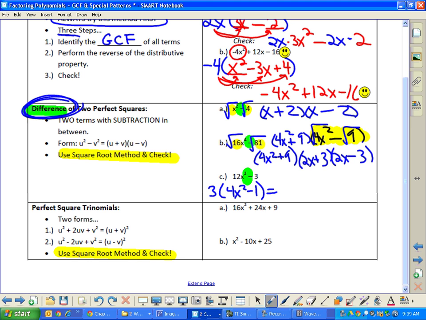This is now once again a difference of two perfect squares. So I'll bring my 3 over, and then I'm going to use my square root method on what's left. Square root of 4x squared is 2x and 2x. The square root of 1, that's 1. And then you have to put a plus and a minus in your parentheses.